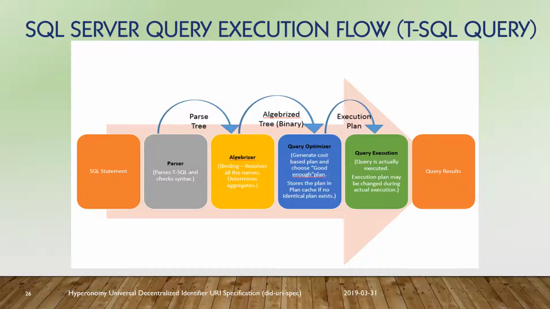And at the top you see sort of the main data structures that are passed along. So there's the initial parse tree or initial AST, then there's the algebraicized tree, which is the abstract syntax tree, and it might have special markers or annotations added to the tree. And then out of the optimizer, we get an execution plan that is finally executed against the store.